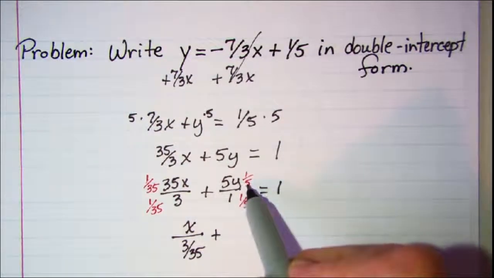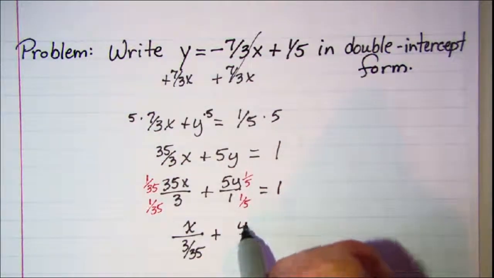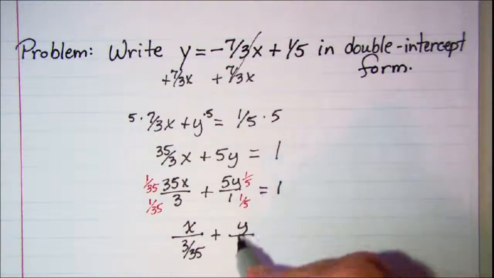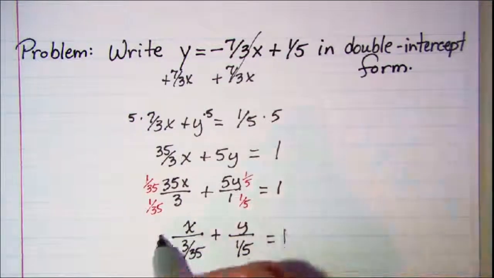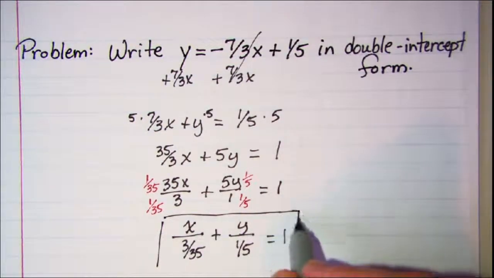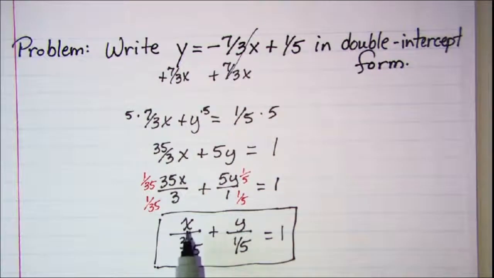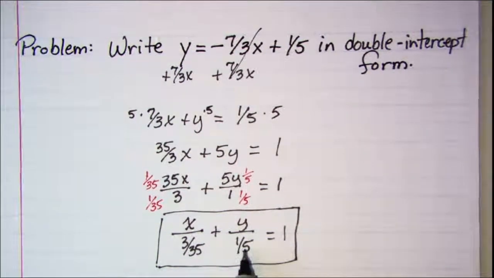On this one, the 5 in the denominator here cancels with this 5, and I have just y in the numerator, and then in the denominator I have 1/5. So this is my double intercept form. And basically what it's saying then is my x-intercept is 3 over 35, and my y-intercept is 1/5.